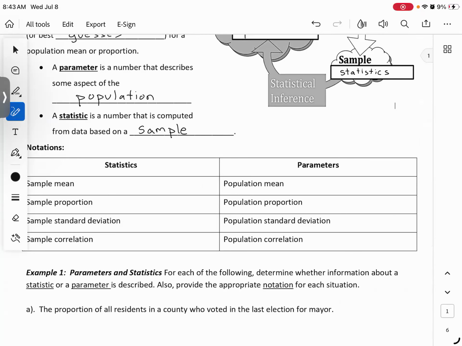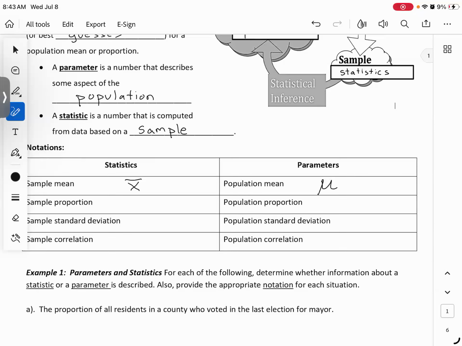You'll also want to start keeping track of all the different notations that we use. X bar is the notation for the mean from just a sample. Mu is the notation for a mean based off the entire population.